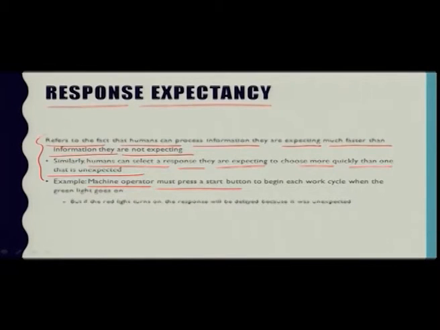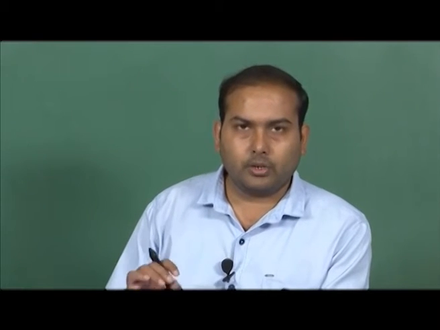However, if all of a sudden the red light turns on instead of the green light, this can be due to, or is indicating, a malfunction. So the operator's response selection will be more difficult because that red light is unexpected for that machine operator. Both the time to respond and the probability of error will be greater.